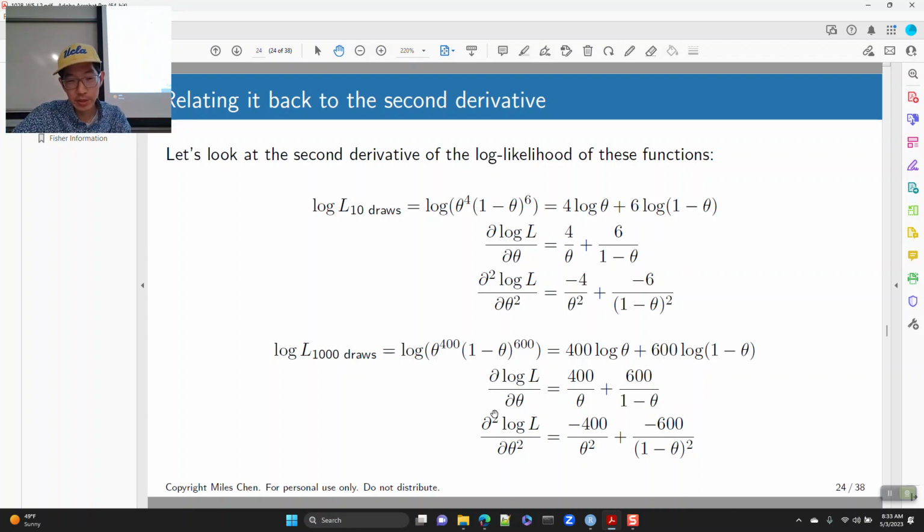Okay, so this thing is 100 times larger than this one, and that makes sense because here I've got 100 times more data. I've got 1,000 draws versus 10 draws.